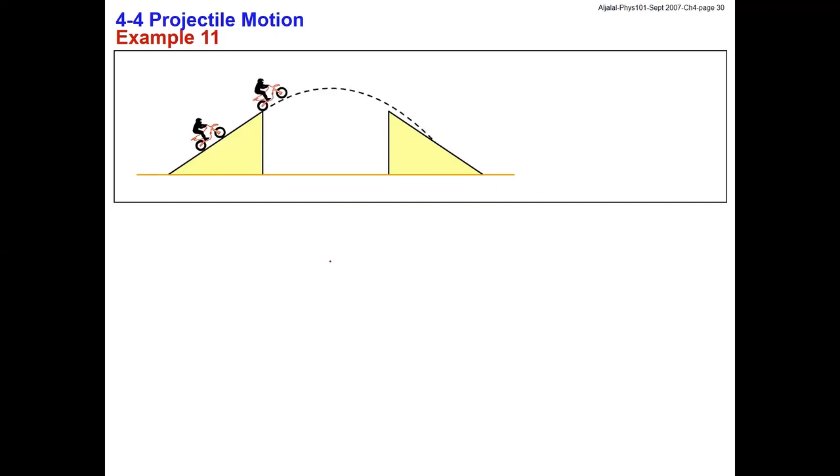Now let's solve this example. Let's say this is a gentleman at Venice Beach, a motorbiker, and let's consider him as a projectile. There is no wind on Venice Beach. There is no wind on the Corniche in Jeddah, and you have these ramps. The motorbiker went from this launching ramp and then landed on this landing ramp.